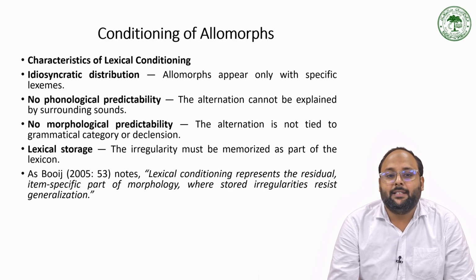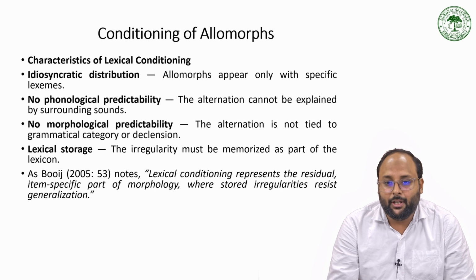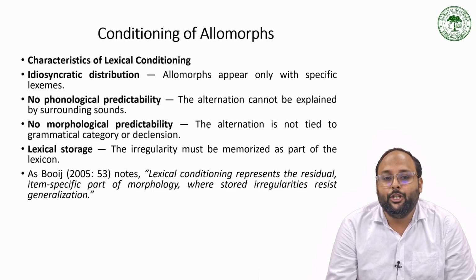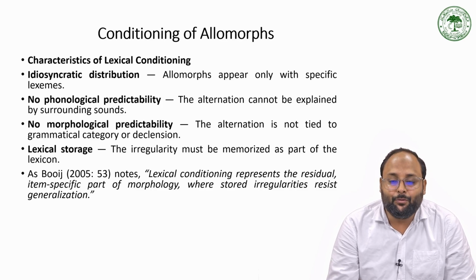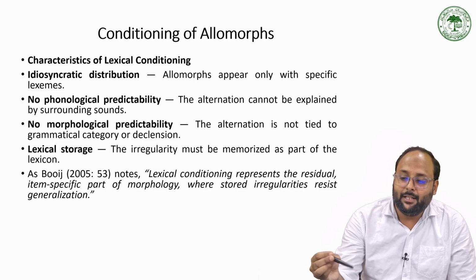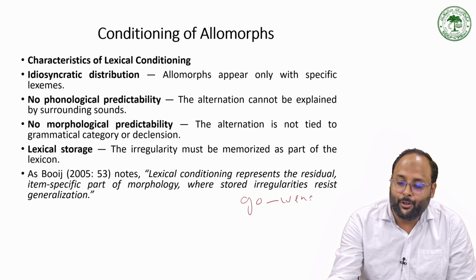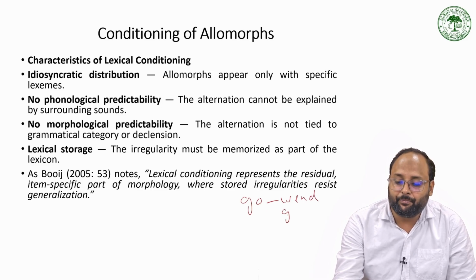And these are lexically stored, meaning these irregular verbs or irregular nouns can only be memorized as part of the lexicon. We cannot generate them by some regular pattern, but you must store all these irregularities in your mind while you are using them. So when you are making the past of go, you must memorize that the past of go is went. You cannot use the regular form like goed.